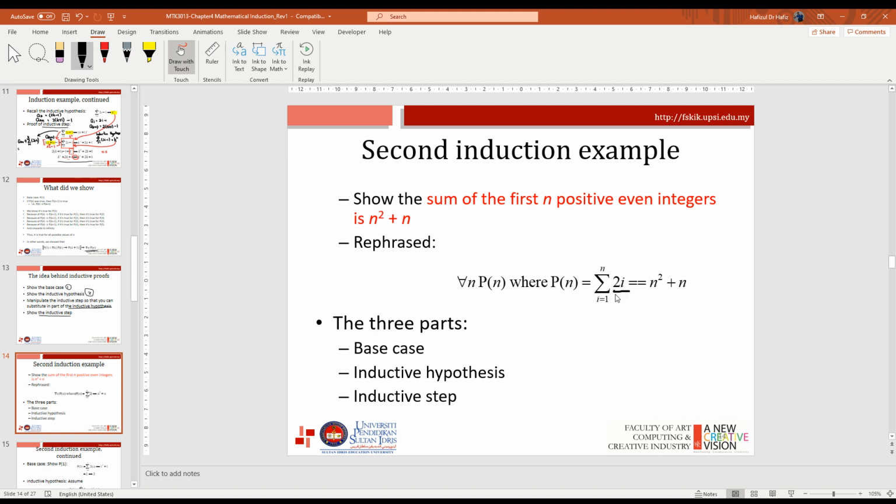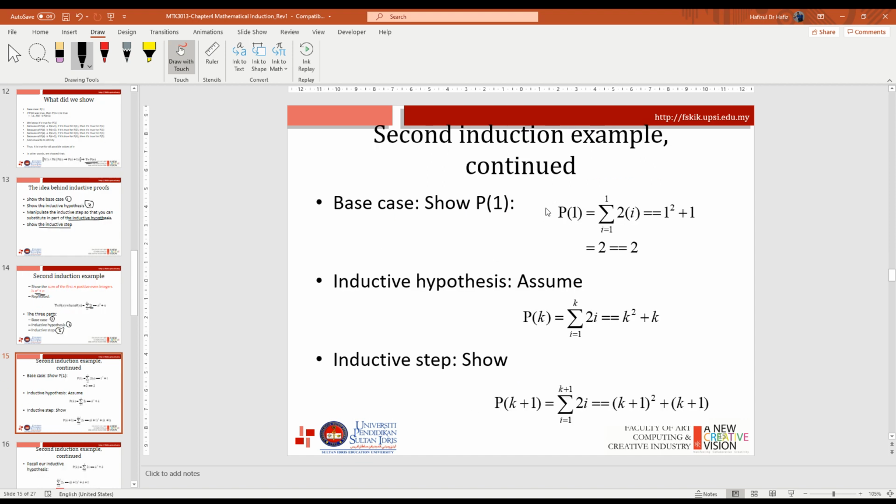This one is the term 2i, and this one is the condition. Basically, to prove, we have three steps. First, base case. Second, inductive hypothesis. And then the third step is the induction step.